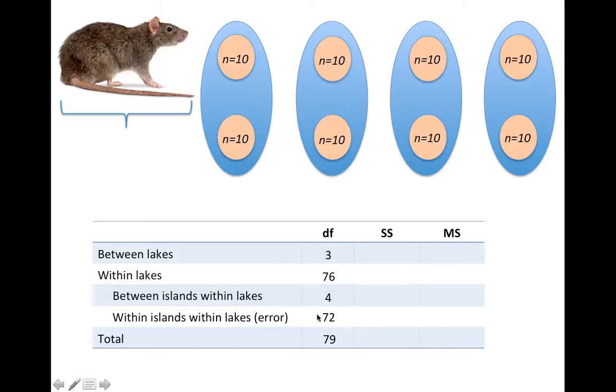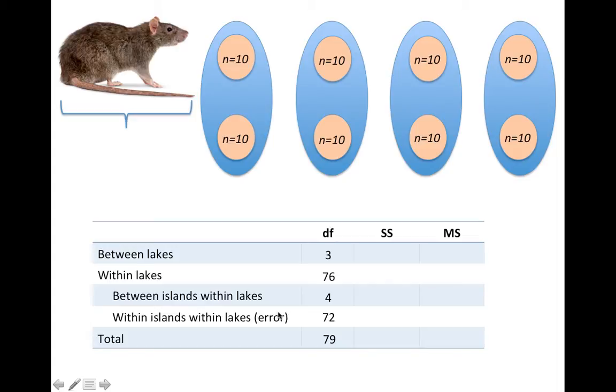You could also get to this number 72 by seeing that you have 10 samples from each island. That is 9 degrees of freedom for each island. 8 islands gives 9 times 8 degrees of freedom, and 9 times 8 is 72. This within component is sometimes also called error.